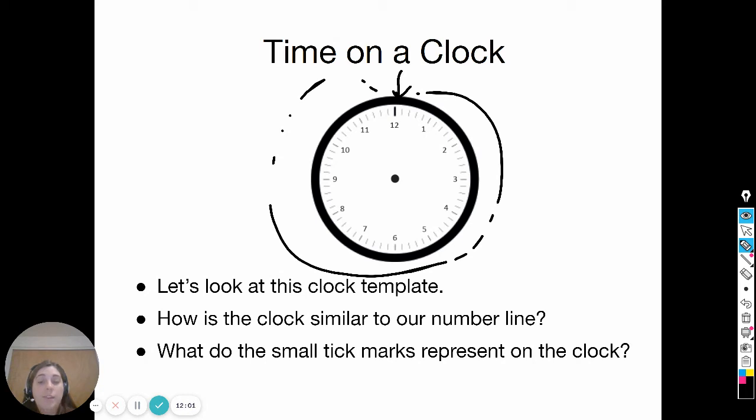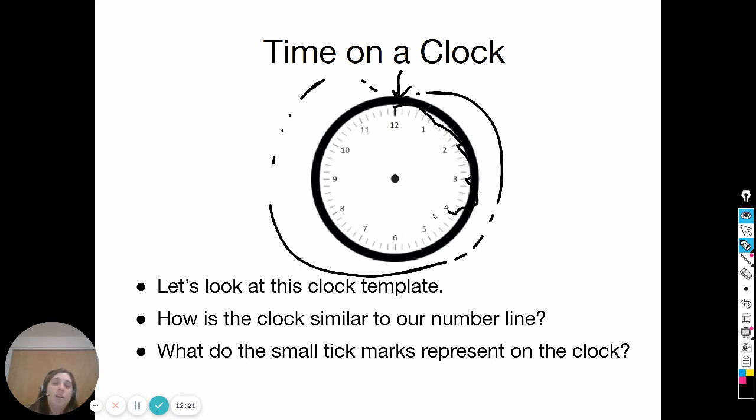So it's kind of the same because both of them have 60 marks, okay? And you can see too, our clock counts in intervals of 5, just like our number line does, okay?